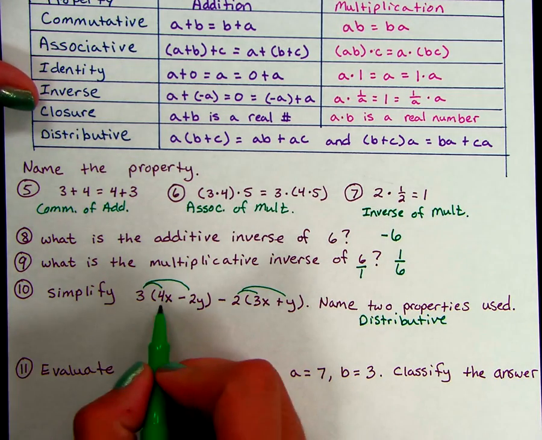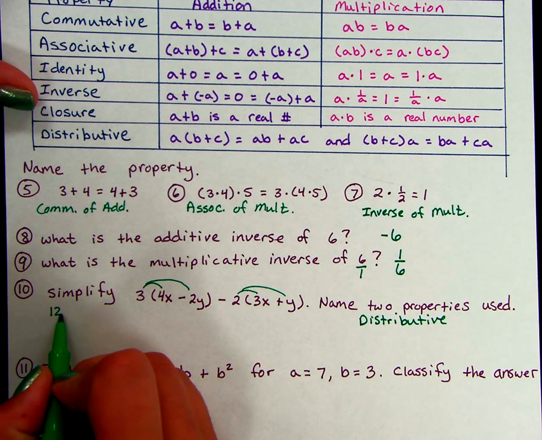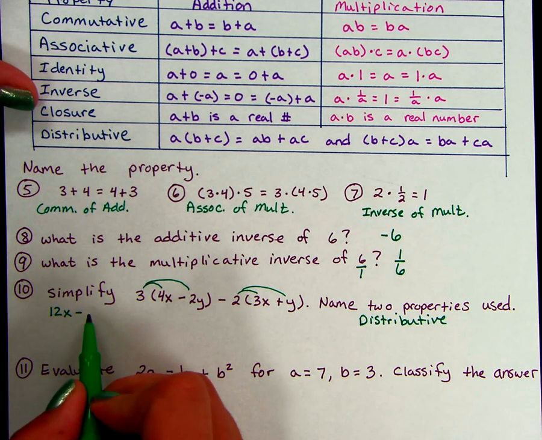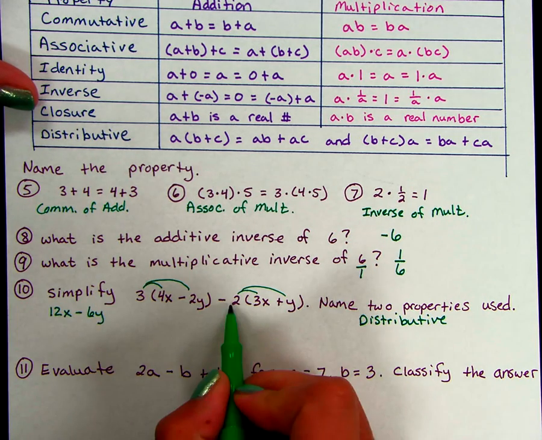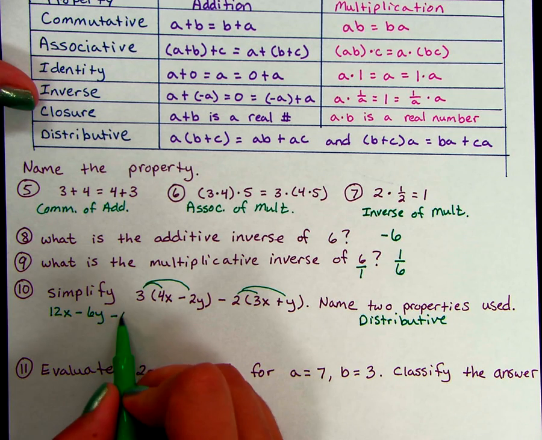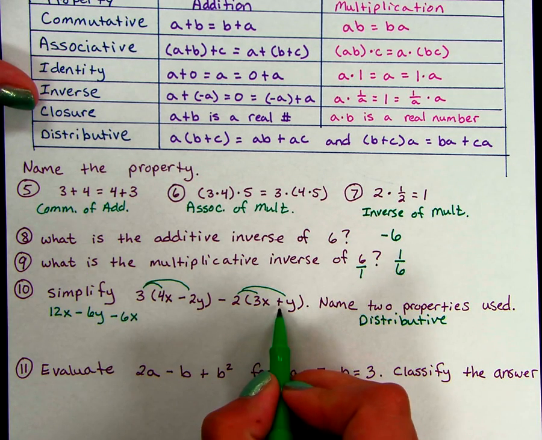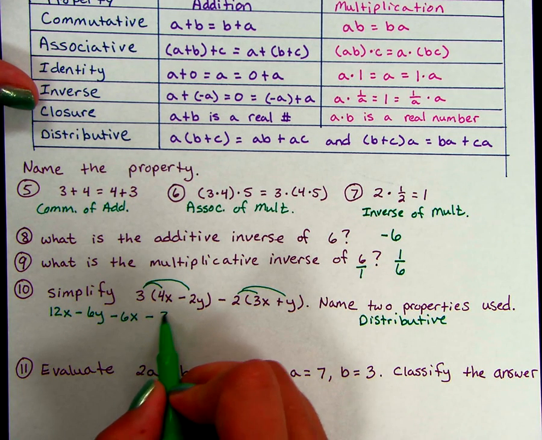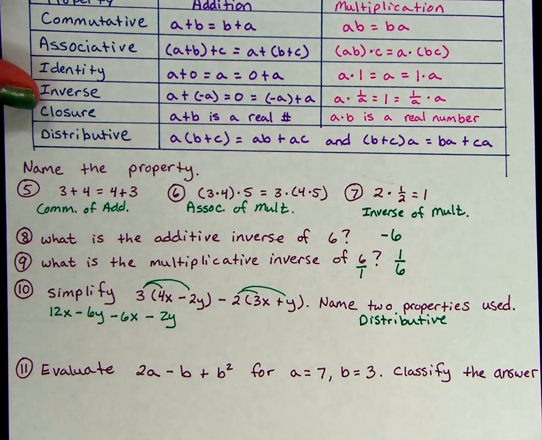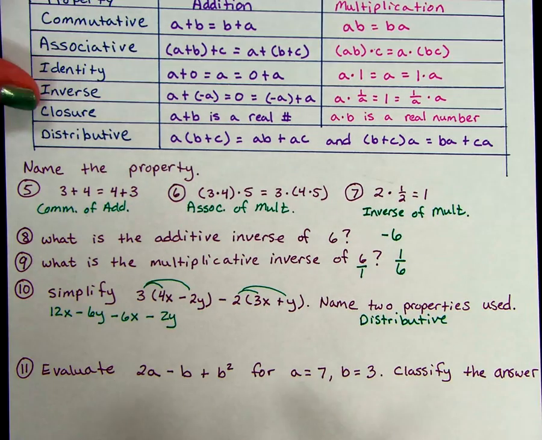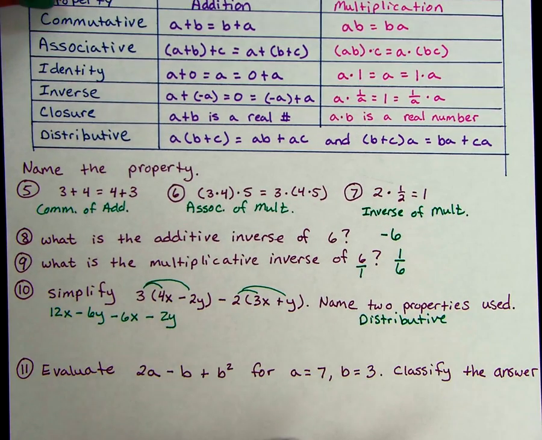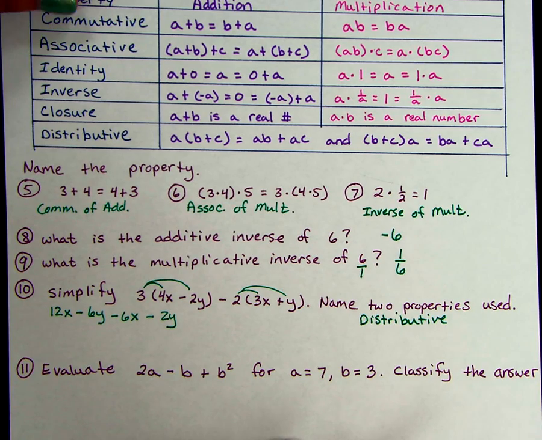So let's distribute. So now that will be 12x minus 6y, and then we're distributing a -2, so -6x minus 2y. So when we start combining like terms, really what we're doing is we're rearranging.